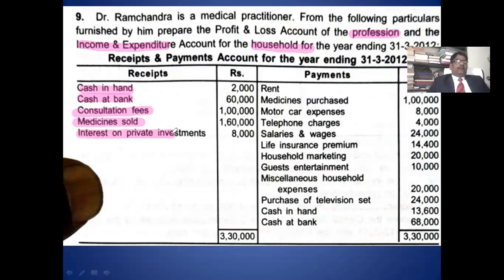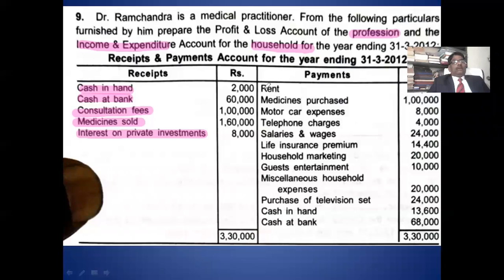Interest on private investment is income connected with his household, so it goes to the income and expenditure account, credit side. Two are related to the profession, one is related to the household.